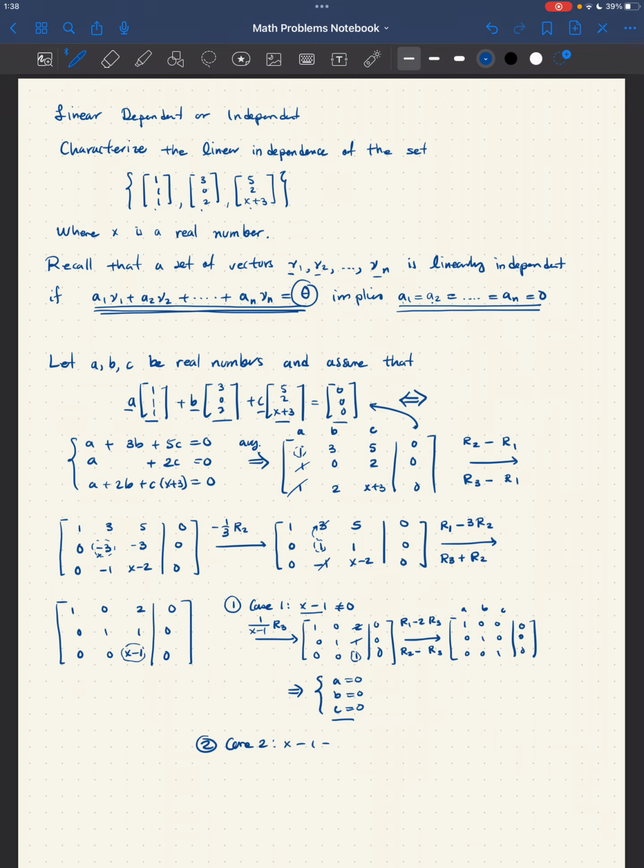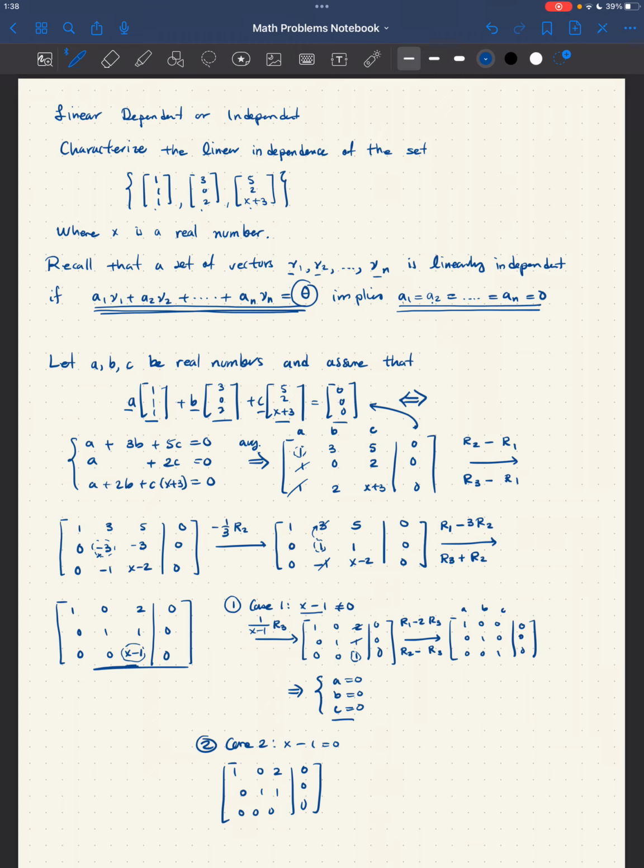When x minus 1 is 0, the resulting matrix that we had from this point looks like this: 1, 0, 2, 0, 1, 1, 0, 0, 0. It's not difficult to verify that this is indeed the end of the row reduction process. There's nothing else that we can do.